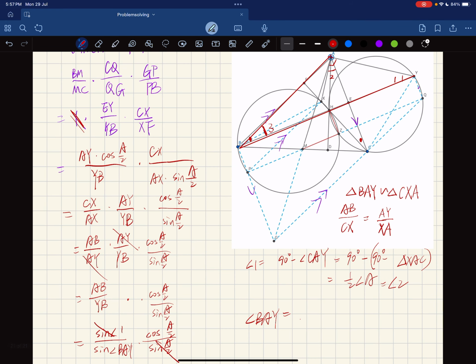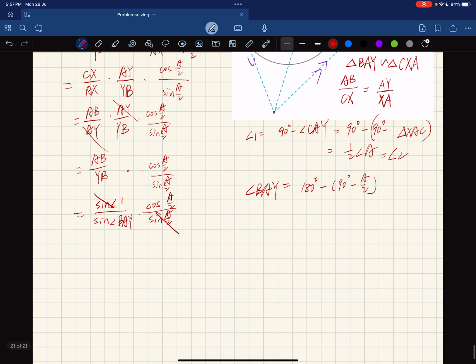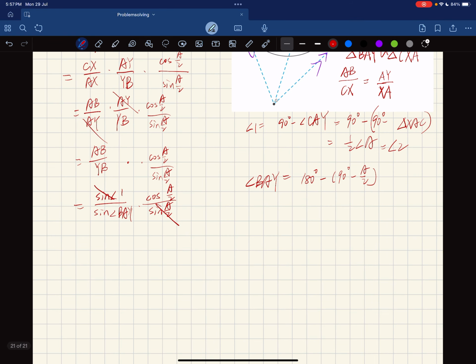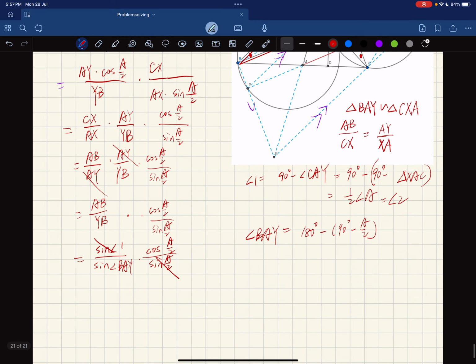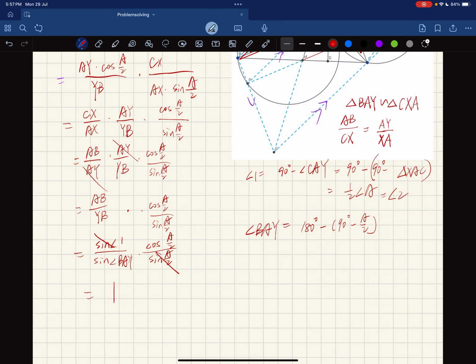So the angle BAY equals 90 degrees minus half of angle A. So we can know that sine angle BAY equals cosine half of angle A. It is obvious to prove that. So that equals 1.